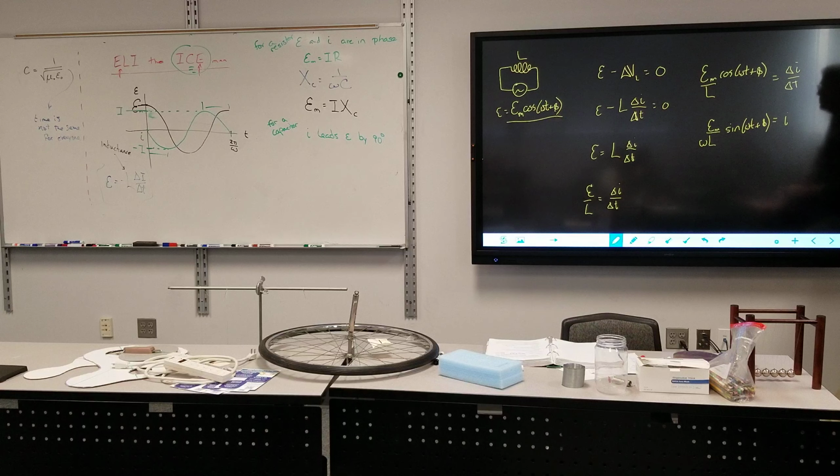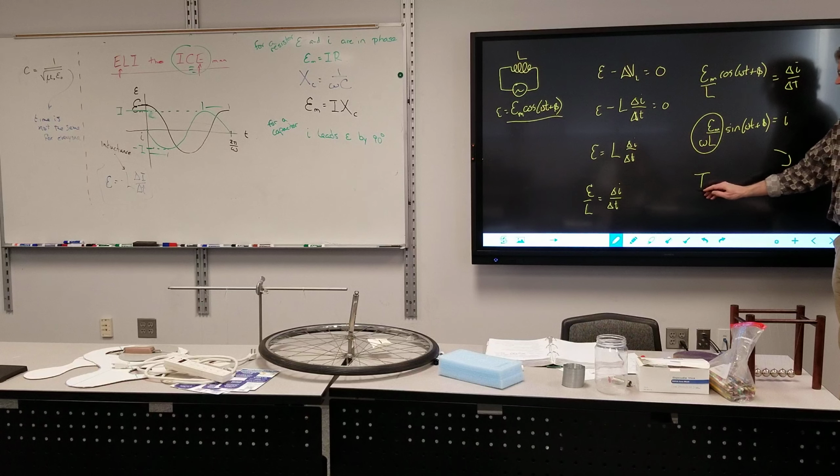If you had calculus, this should be a little more intuitive. If you haven't had calculus, flashback to the notes from last Tuesday. So this right here is the amplitude of my current.